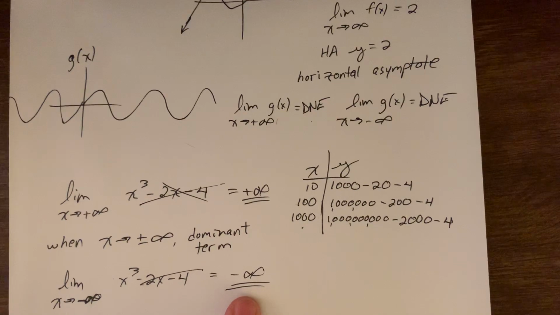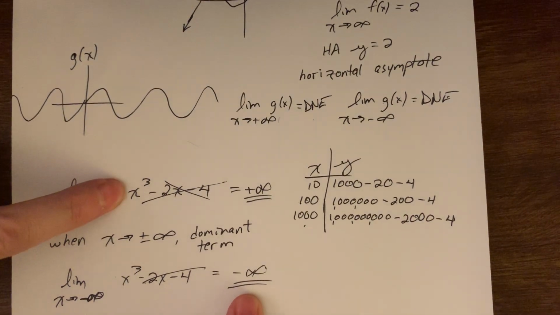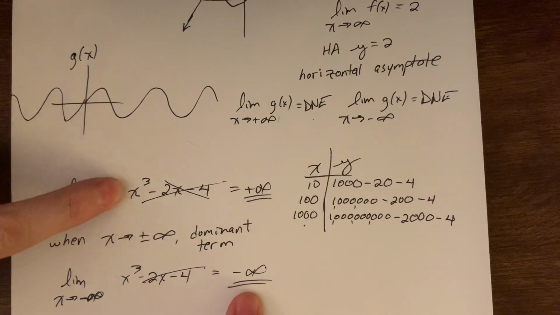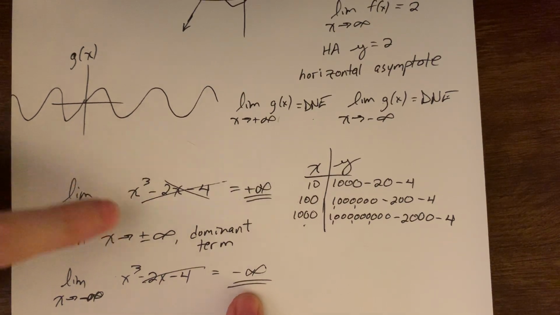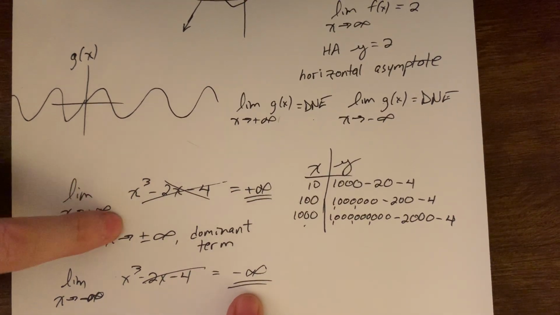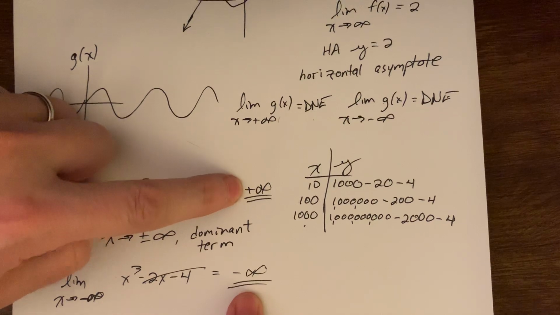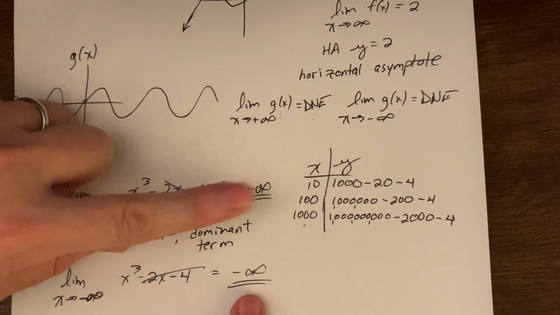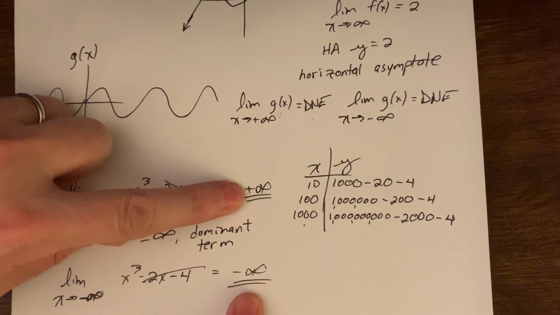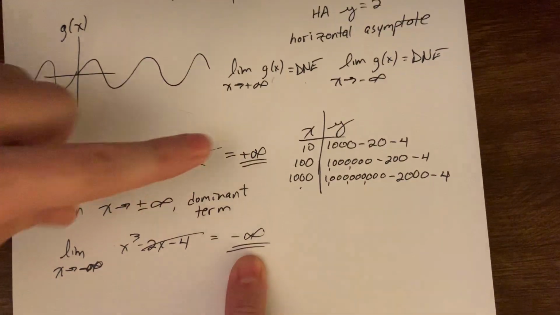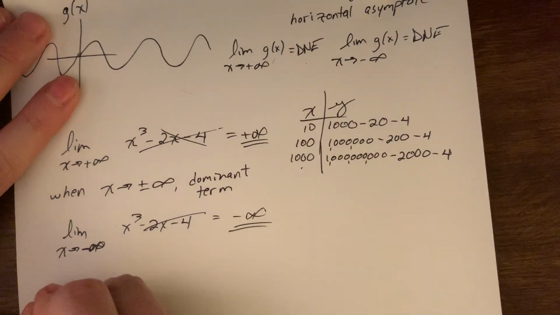Little things here, everyone, to realize. Even if this was multiplied by, say, 1/2, or x cubed divided by 10, you cube a huge number and divide by 10, you still have a huge number. We still get a lot of infinities floating around here, so a lot of this has to do with the sign.